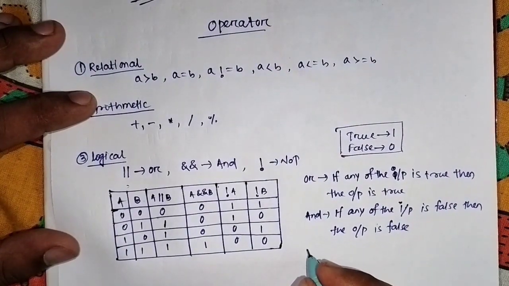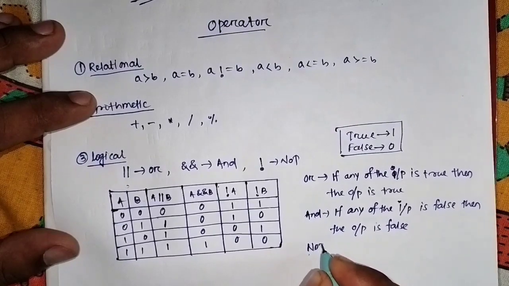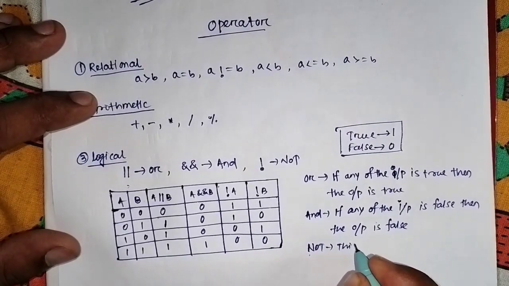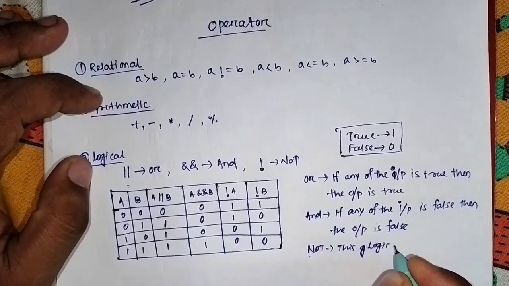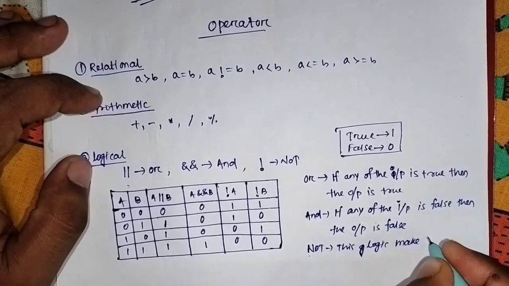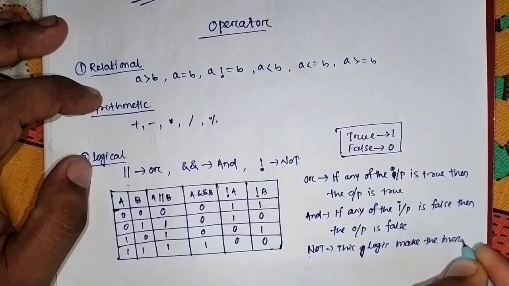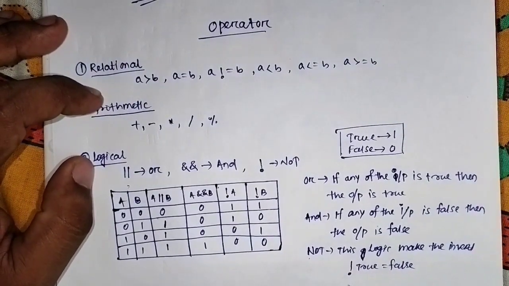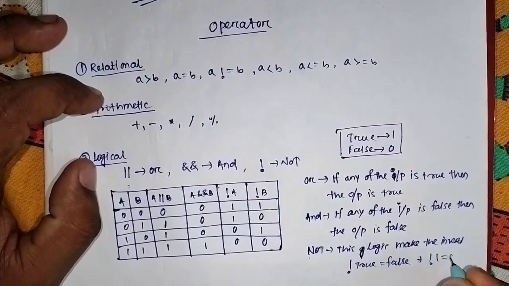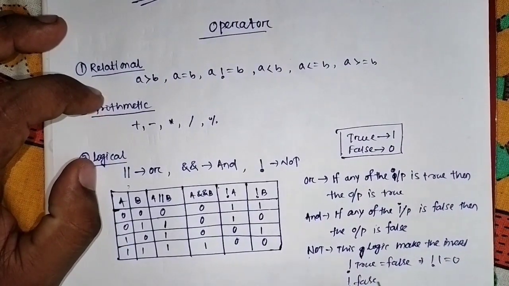Then comes the NOT gate. This logic inverts the present input, such as if the input is true, then the output will be false. I think you got some idea about this.